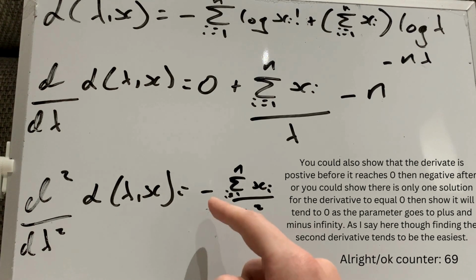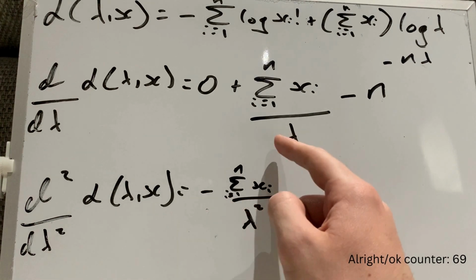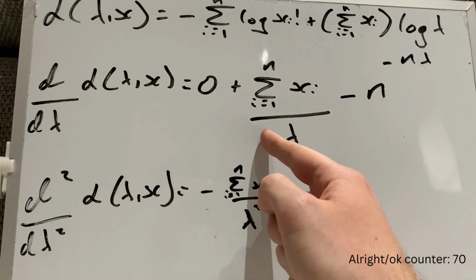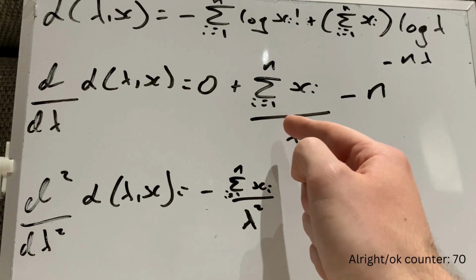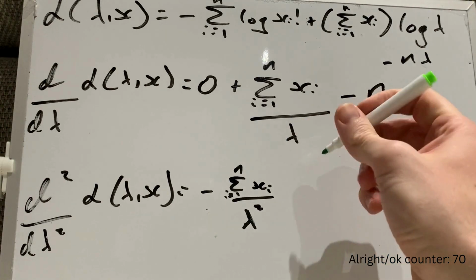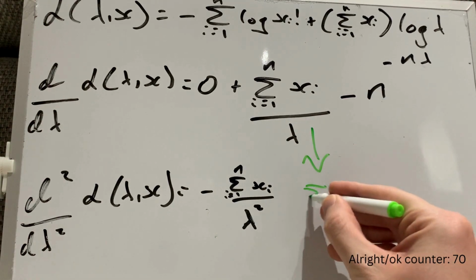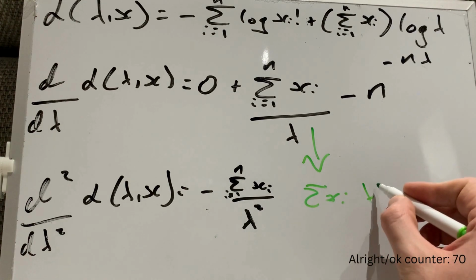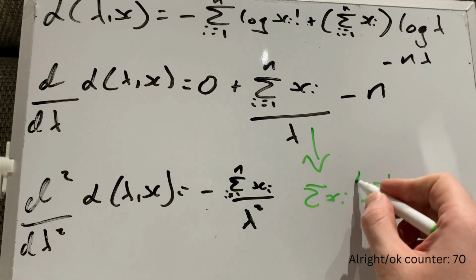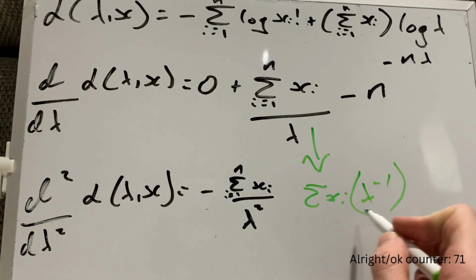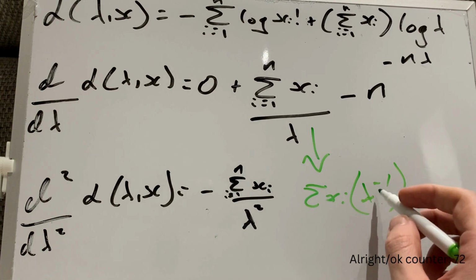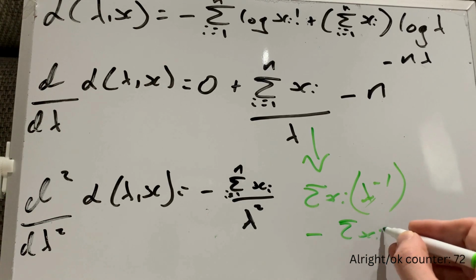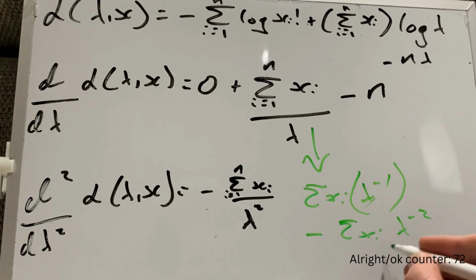We've taken the second derivative, and again, it's a little bit complicated, but just think about it. We have this over lambda, so we can rewrite this as the sum of the xi's times lambda to the minus 1. Sorry, this is really unneat. If you differentiate that, it's negative sum of the xi's lambda to the minus 2.